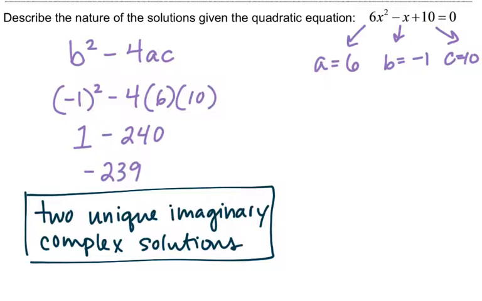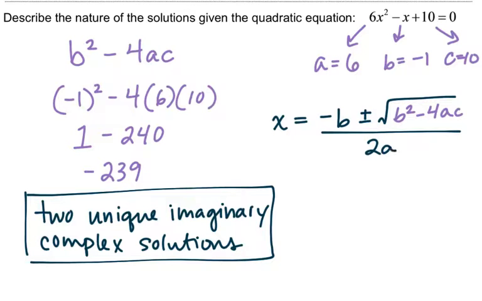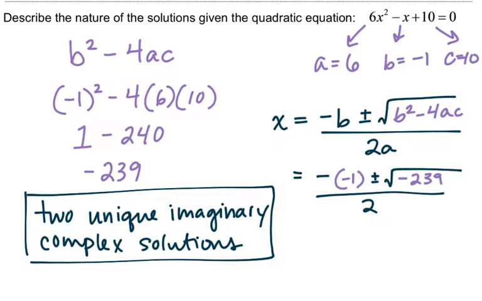But if we went so far as to actually find those zeros, remember, we know that x equals negative b plus or minus the square root of b squared minus 4ac, all divided by 2a. So by the quadratic formula, my b value is negative 1, so negative b is positive 1, plus or minus the square root of the discriminant, which we just calculated was negative 239, all over 2 times my a value, which is 6.